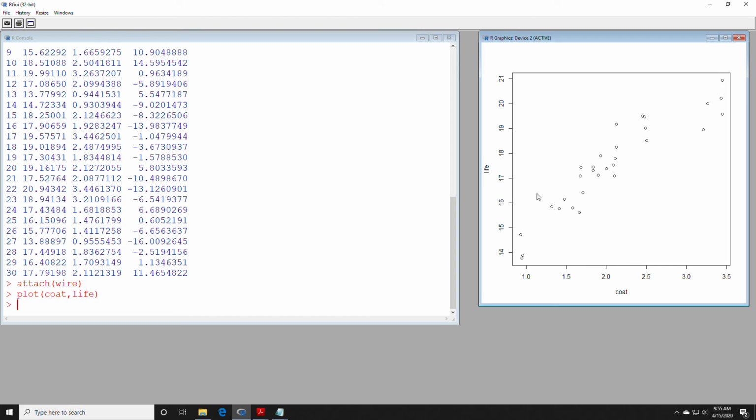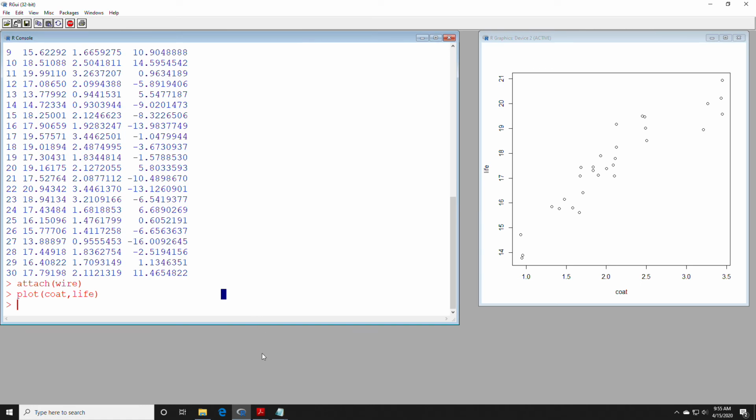If you look at it a little closer, maybe there's a little bit of a curve going on here, rather than just trying to fit a straight line. But either way, there does clearly appear to be a relationship between the coating thickness and the lifetime of the wire.